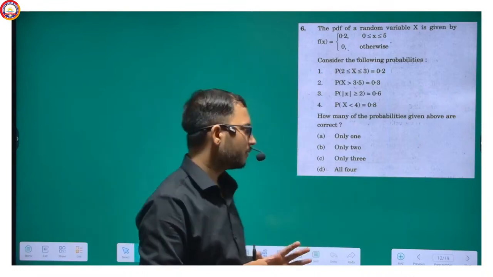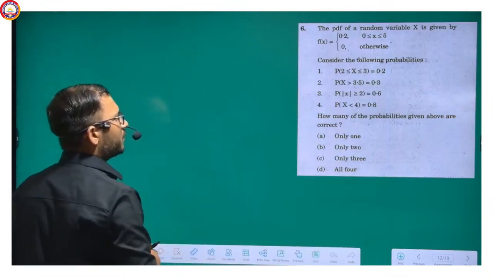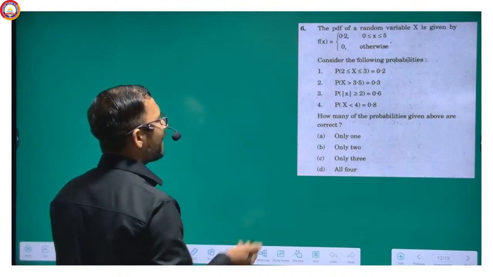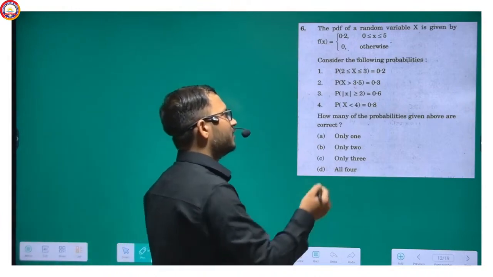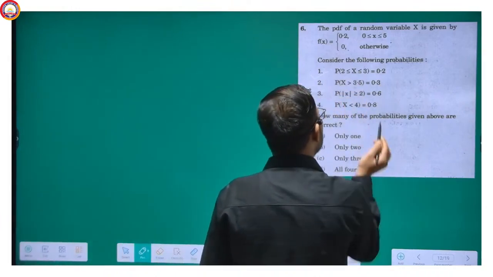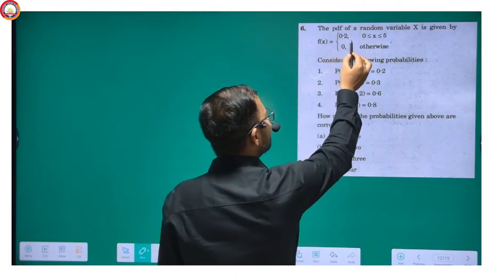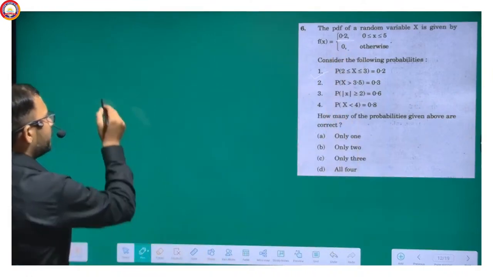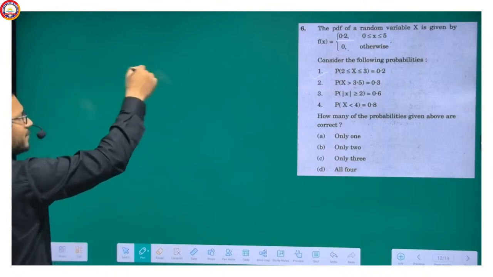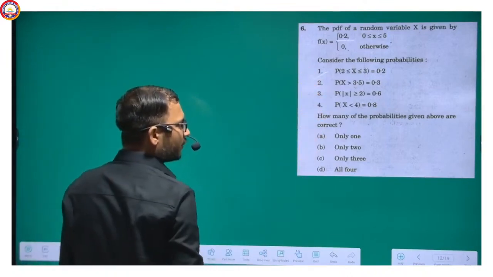Getting my point? Now, coming to this question, we just have to do some integrations, and all the integrations are very easy. Since this is 0.2 and we have to do it for probability, I just checked statements 1, 2, 3 and 4.